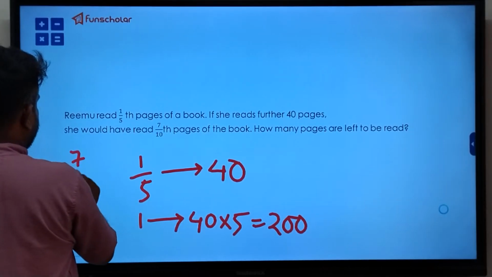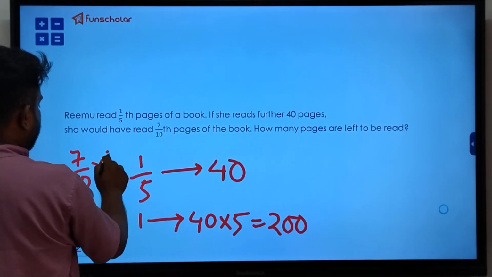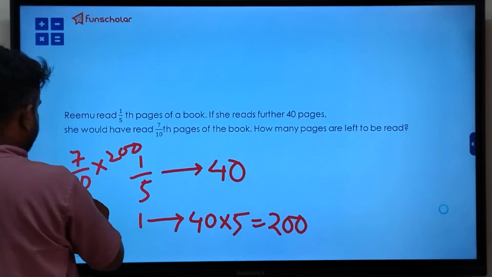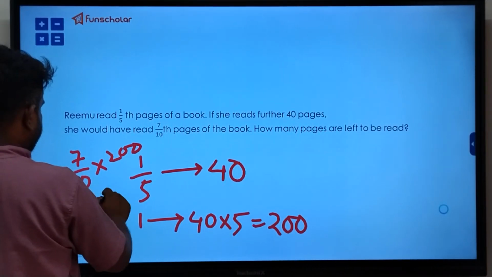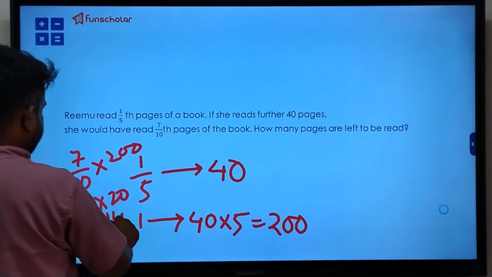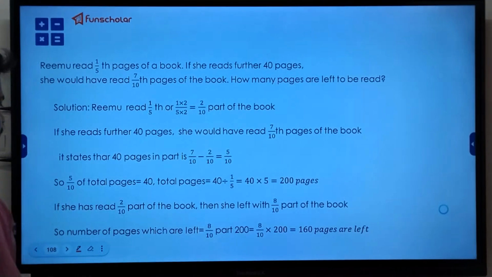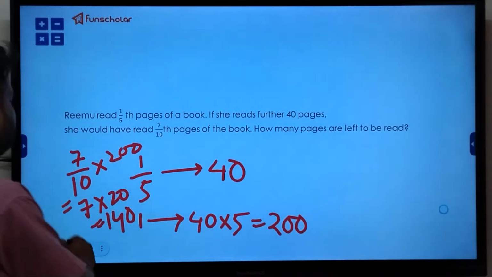And the 7/10 will represent 140 pages. So how many pages are left?